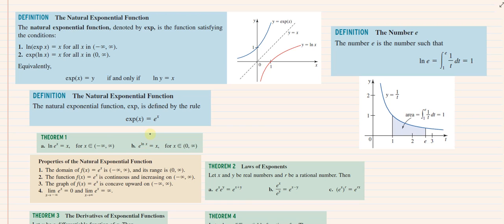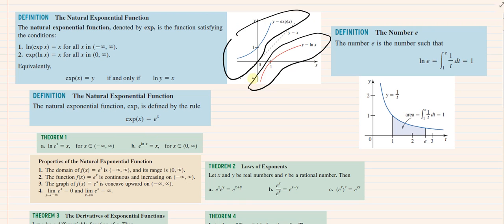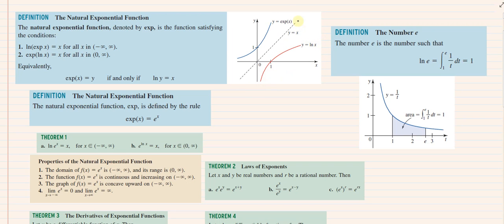Some of the properties of the natural exponential function, which by the way you can see on the graph, that's the graph of e to the x, and that is the graph of natural log of x. Notice how they are mirror images of each other with respect to the line of symmetry y equals x. Now these properties you can also observe on the graph.